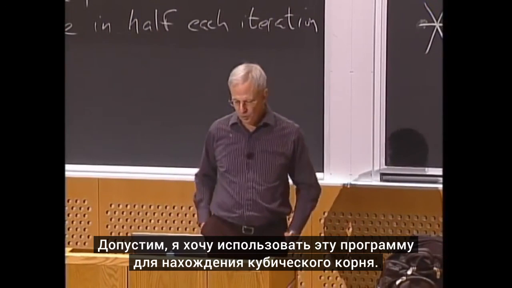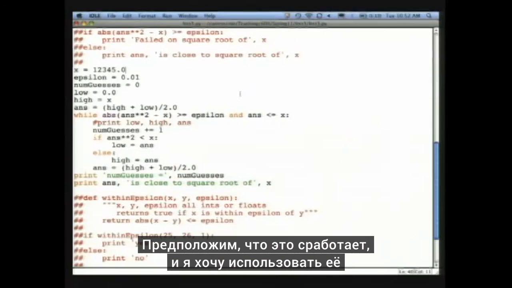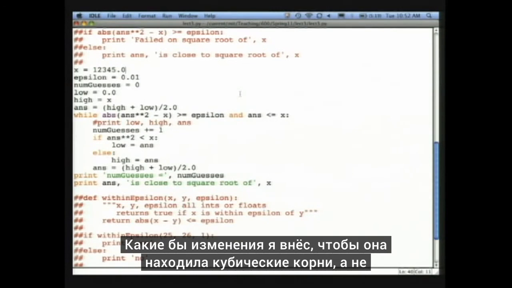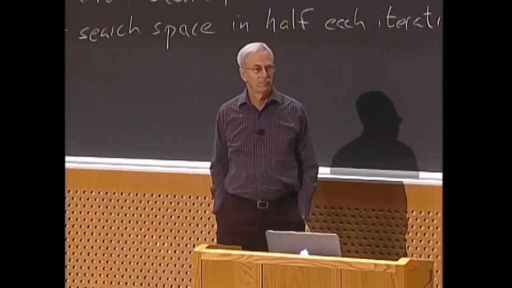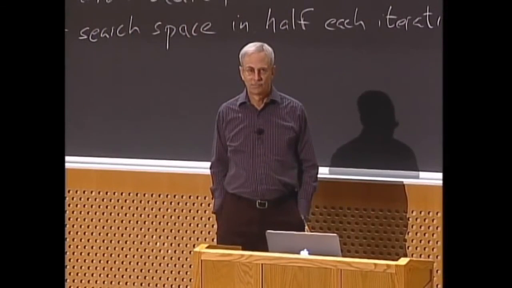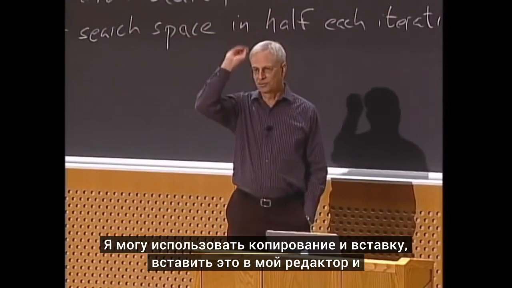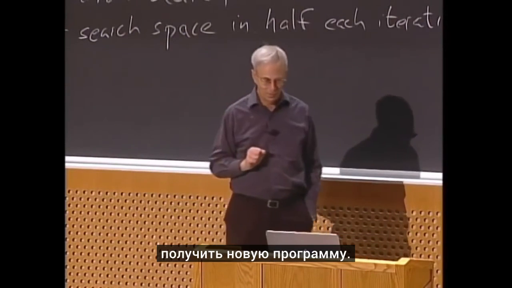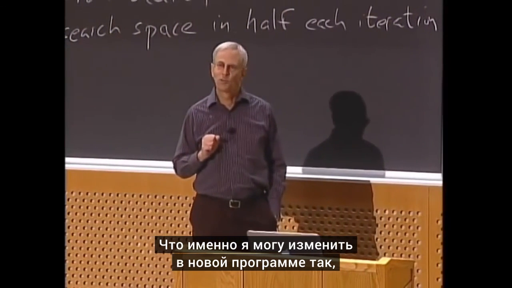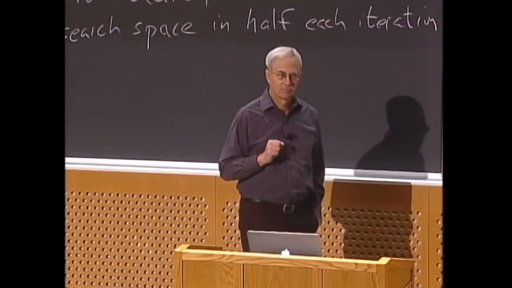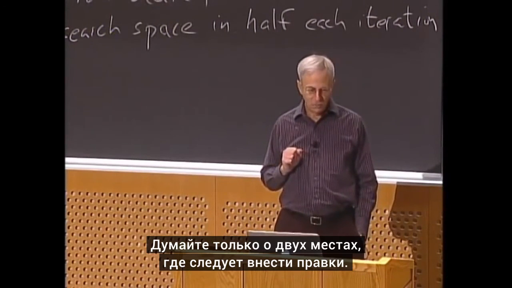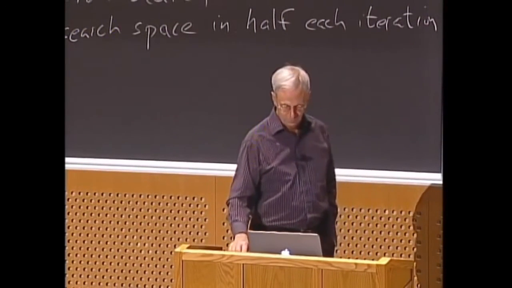Suppose I want to use this program to find a cube root. Suppose it worked, and I wanted to use it to find a cube root. What would I have to change? How would I change it so that it found cube roots instead of square roots? Well, I could cut and paste it into my editor and get a new program. And how would I change that new program to make it do cube roots? Not very hard. I think only 2 places have to get changed.